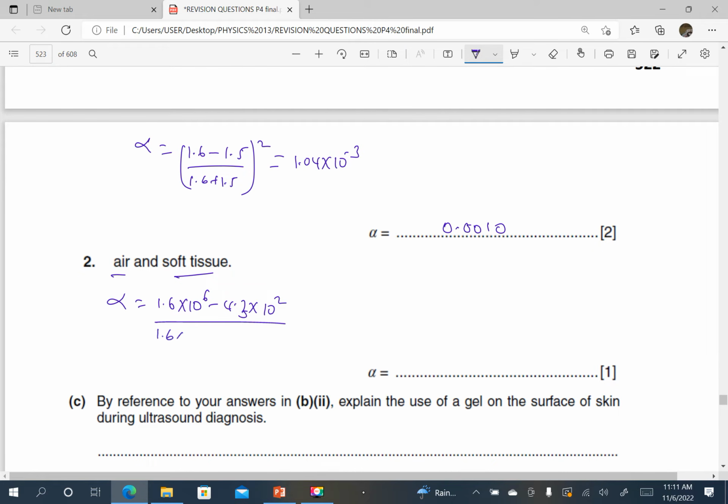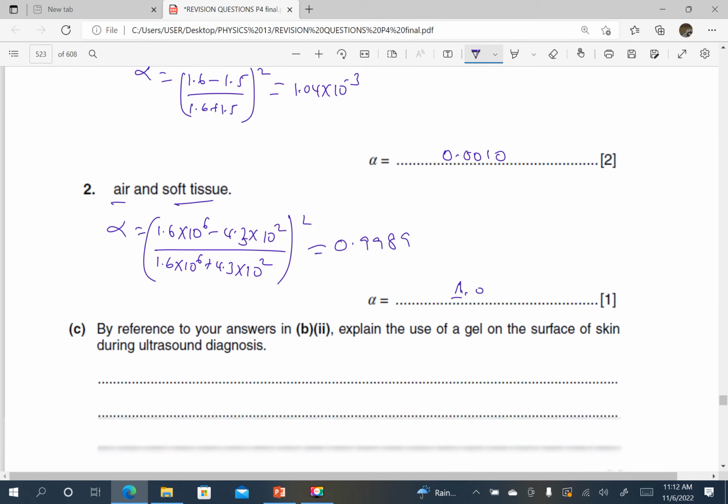Divide by 1.6 times 10 power 6 plus 4.3 times 10 power 2, and this should be squared. I press my calculator. So from my calculator, this is giving me 0.9989, which is approximately 1.0.